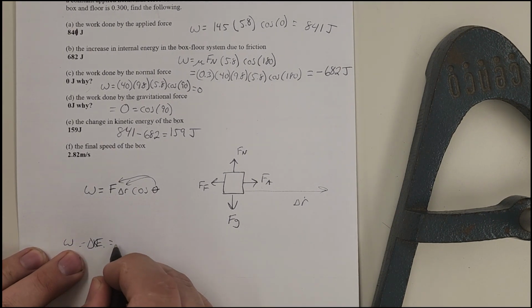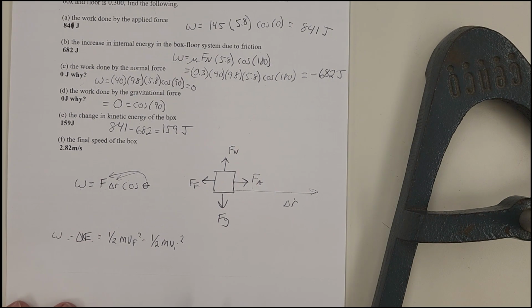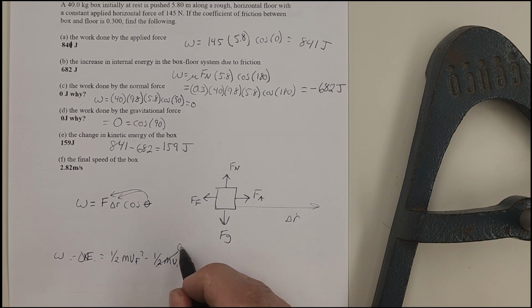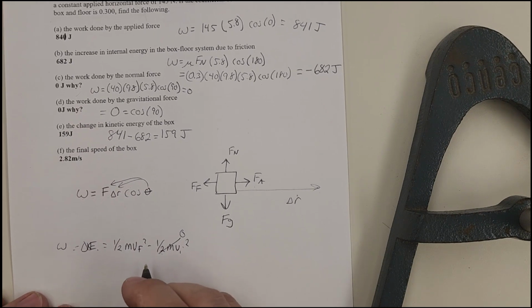Change in energy is 1/2 m v final squared minus 1/2 m v initial squared. Initially this box was at rest, so that goes to 0. So the change in kinetic energy is simply 1/2 m v final squared.